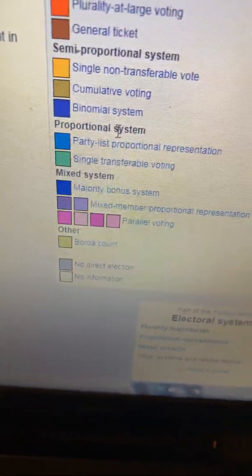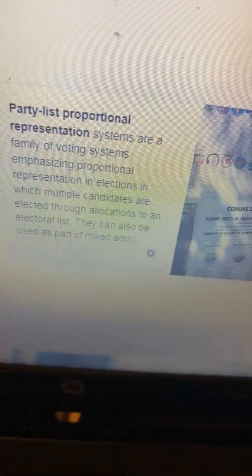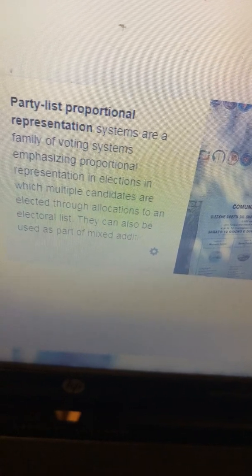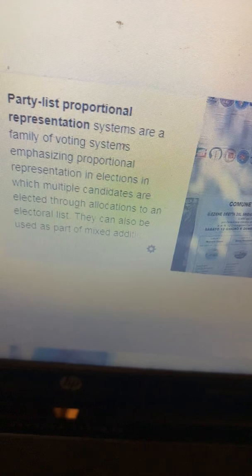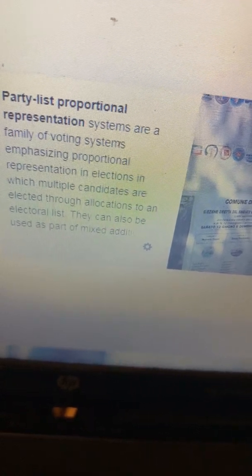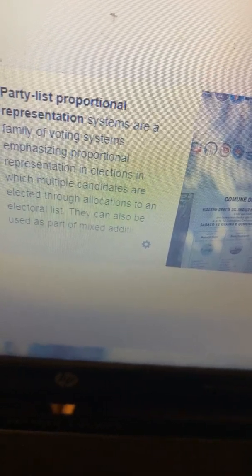In proportional systems, party list proportional representation systems are a family of voting systems emphasizing proportional representation in elections in which multiple candidates are elected through allocations onto an electoral list. They can also be used as part of mixed additional systems.